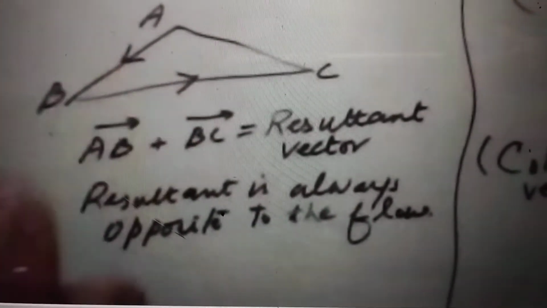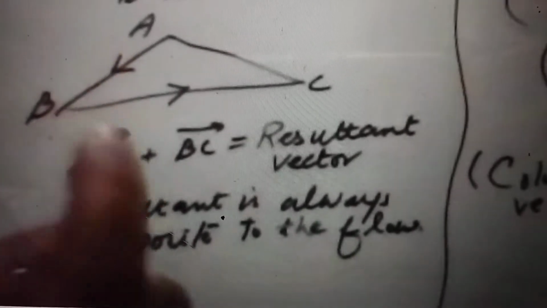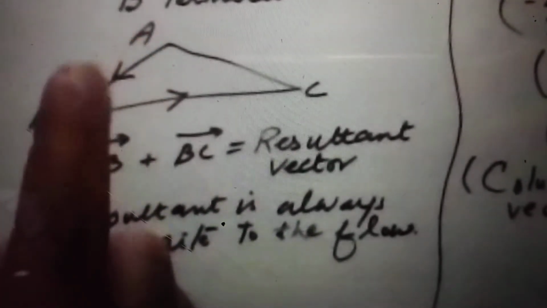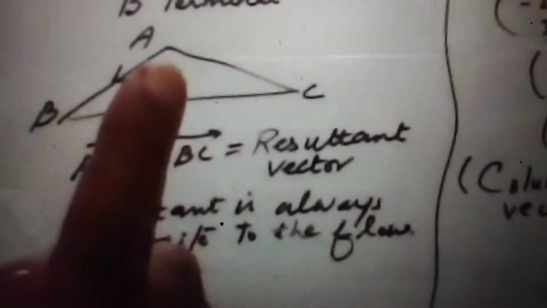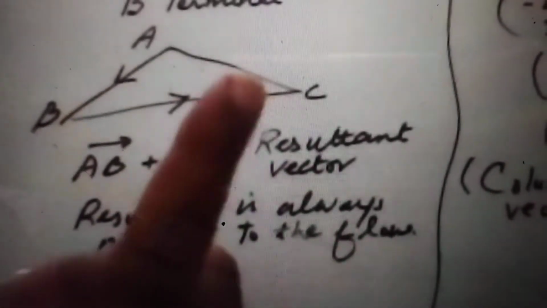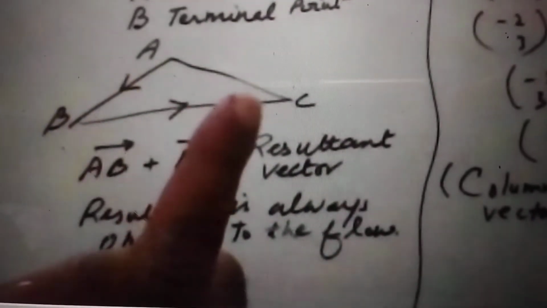So look at the flow of this vector diagram. This is going in this direction, right? If you follow the flow of this diagram, then the vector will continue and come like this.